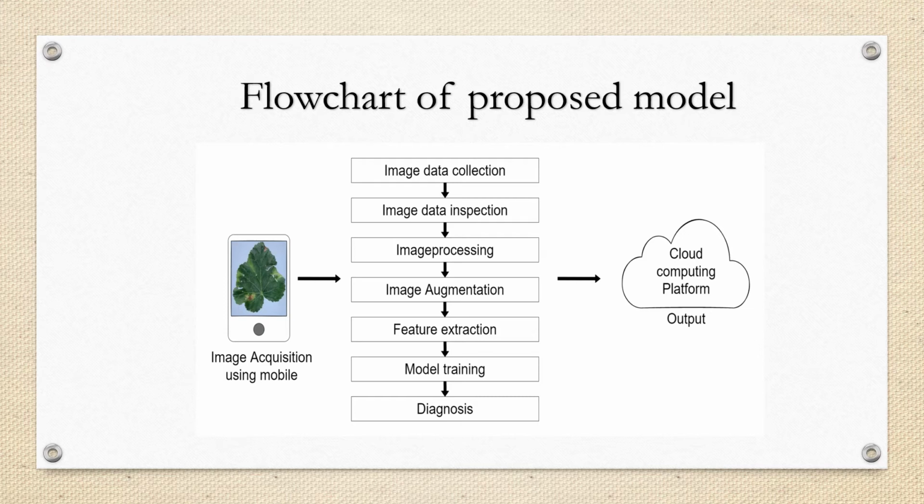Next is image augmentation, which is an efficient technique that produces additional random training data from preceding training samples. It enhances the robustness of the model. Feature extraction is a procedure in which the raw image dataset is lessened and divided into feasible categories.